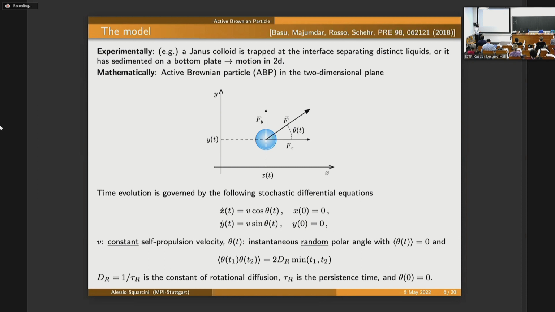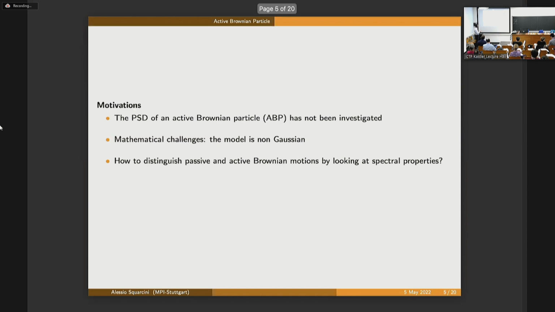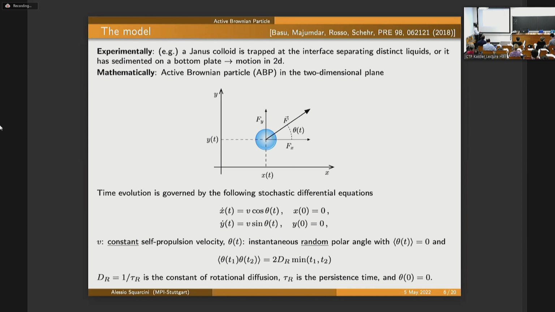So x dot is equal to cos theta, and analogously for y dot. Theta of t is the polar angle, which is a random walk, so zero average, and this is the correlation function for the angular coordinate. As you see, the velocity is constant, so all the motion is completely codified by this equation and by the randomness inside the angular variable.